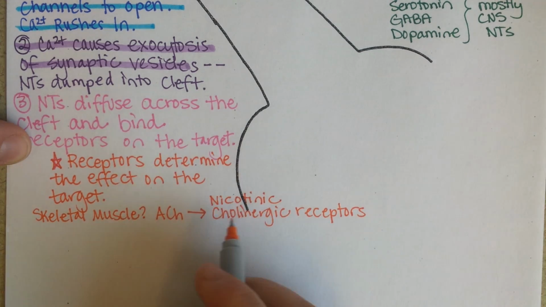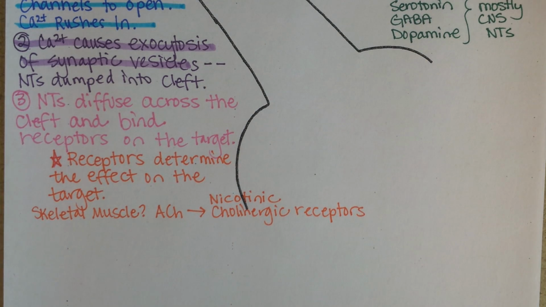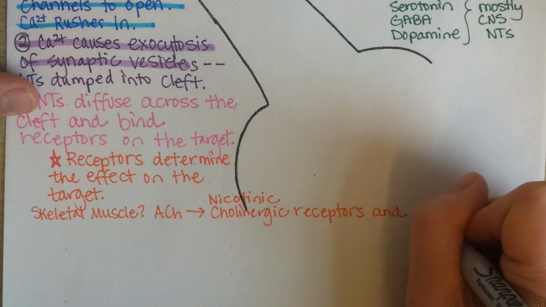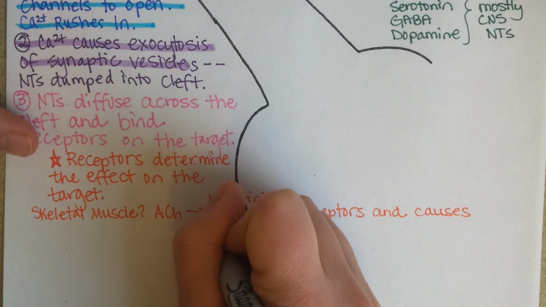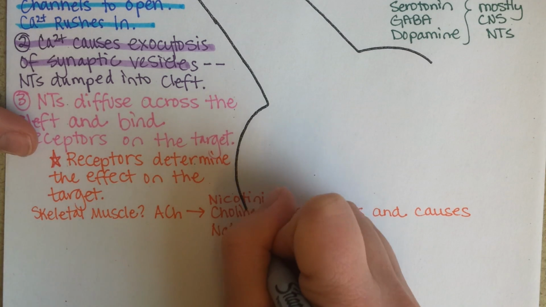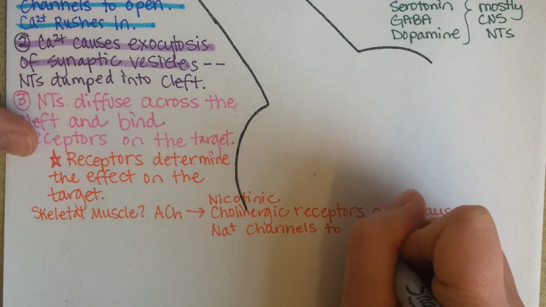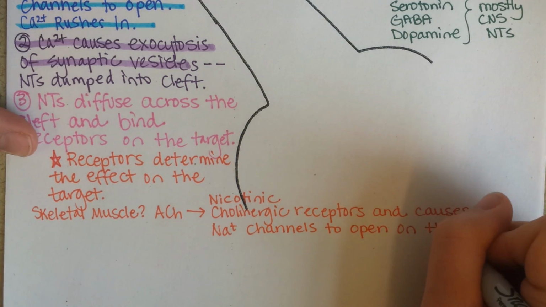And yes, nicotine is one of the chemicals that they've used when they're studying those. So nicotinic cholinergic receptors cause sodium channels to open on the muscle fiber.